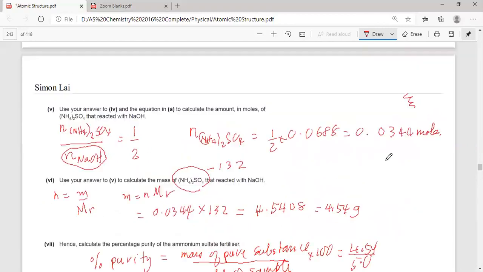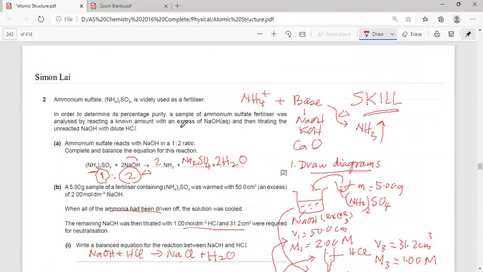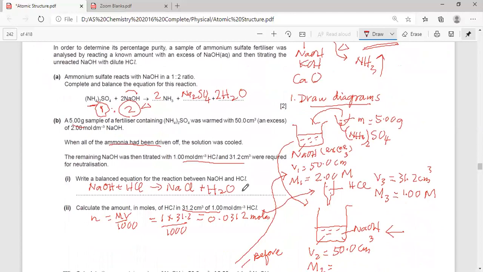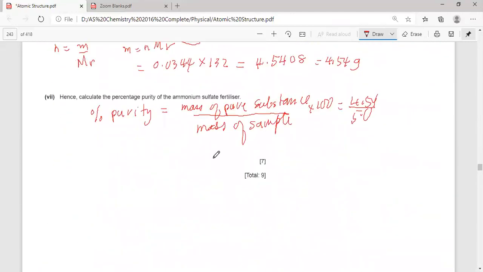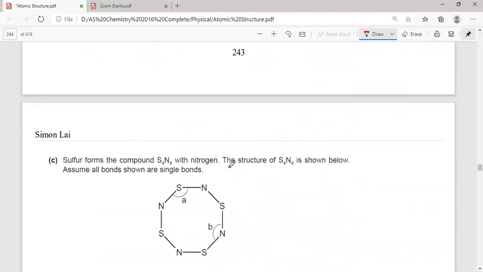You can see here is 5. If you don't know, look up here again. Where's the 5? Here, 5.00. So make sure, over 5.0 times 100. So the answer is 90.82%. All right, easy then.